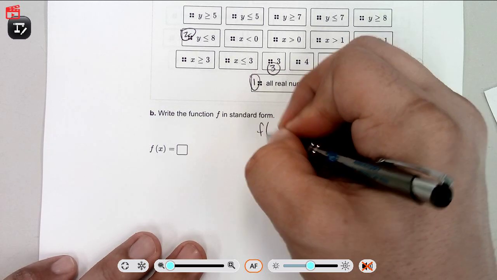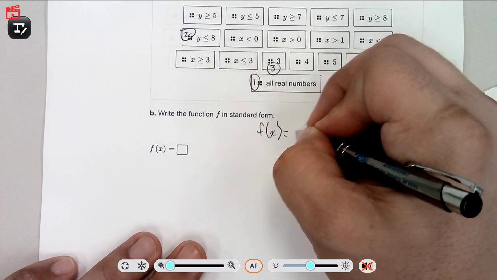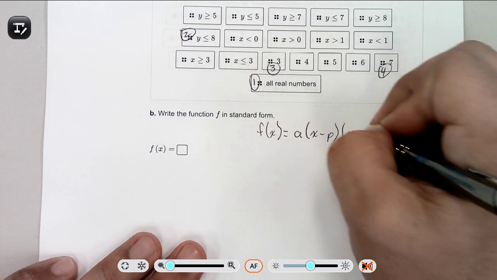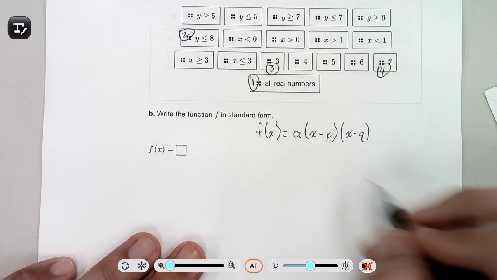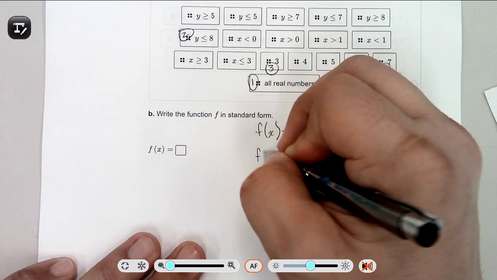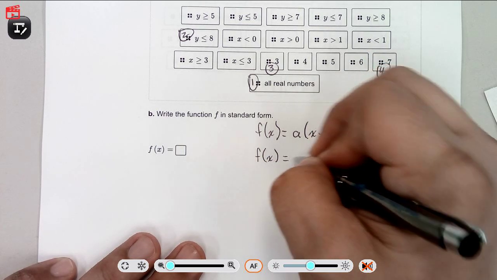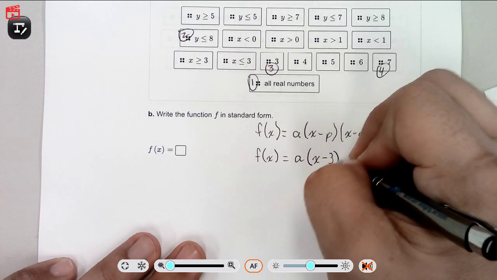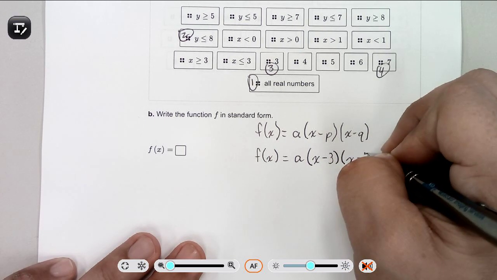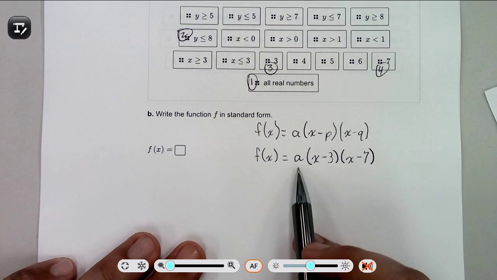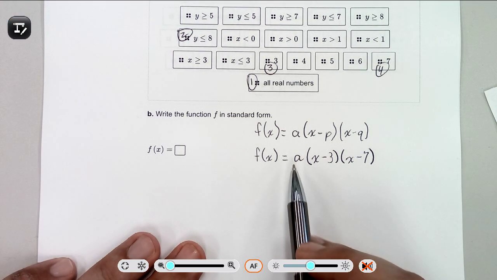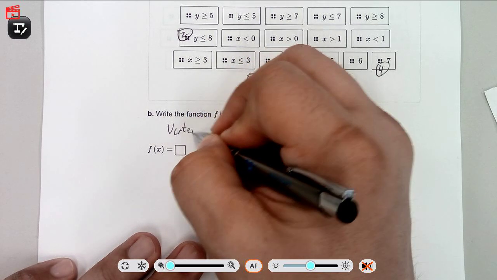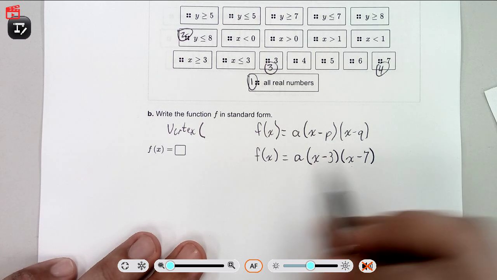So f of x. Here's intercept form. x minus p, x minus q, where those are the intercepts. So f of x equals, we don't have an a value yet, x minus 3, x minus 7. Now I need to solve for a to have this done correctly. So this is where I'm going to go get the vertex as my third point to input for the x and the f of x.